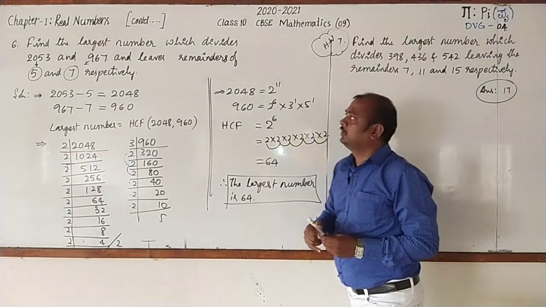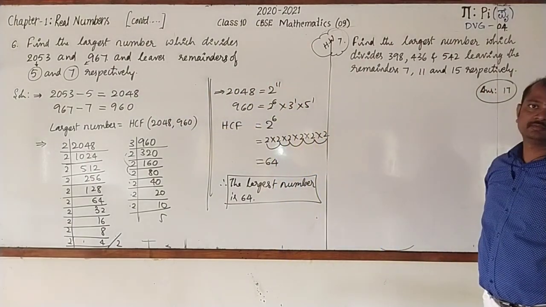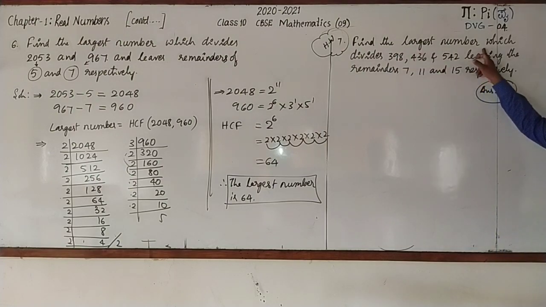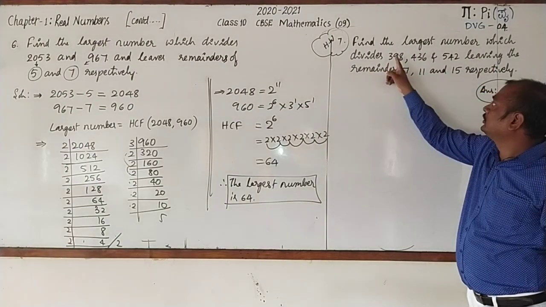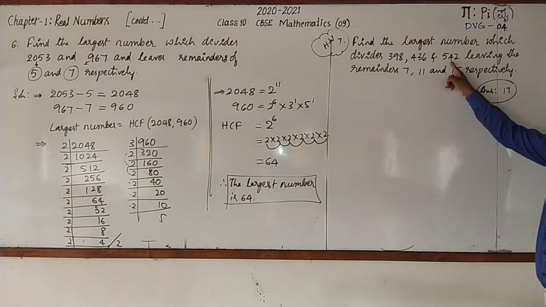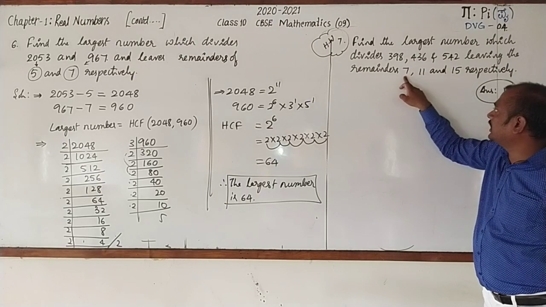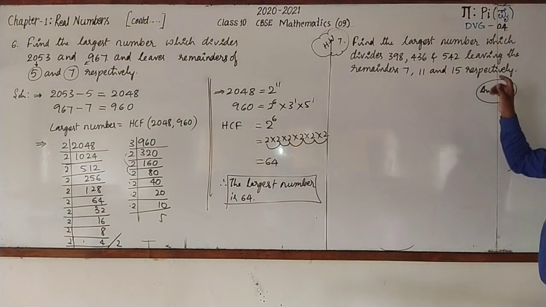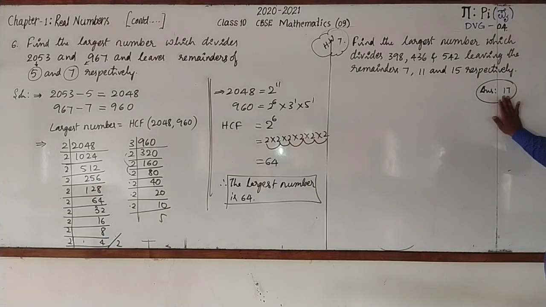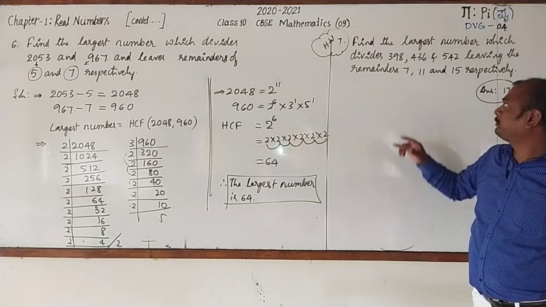Understood? Now, with respect to this, I am giving you one homework. Look here. Find the largest number which divides 398, 436, 542, leaving the remainders 7, 11 and 15 respectively. Then what is that number? Here I have already written the answer, but how are you going to find it? Very simple.